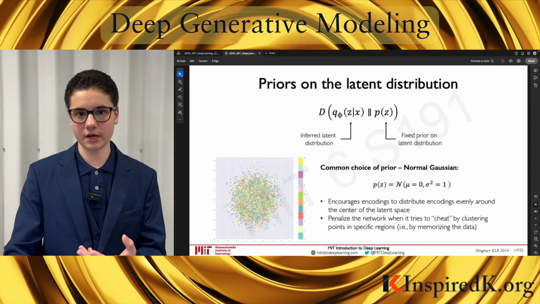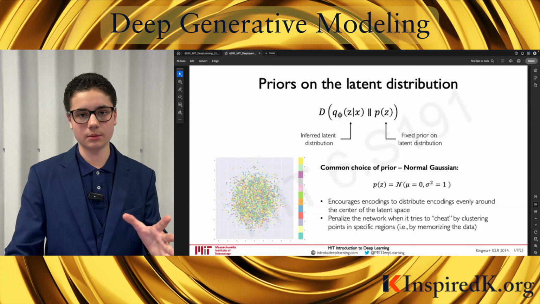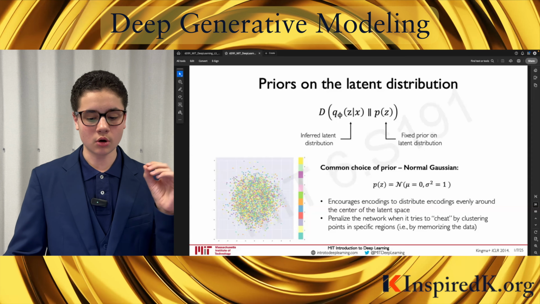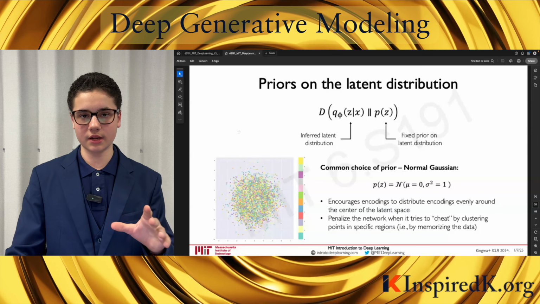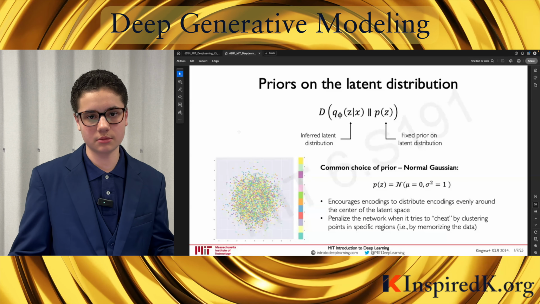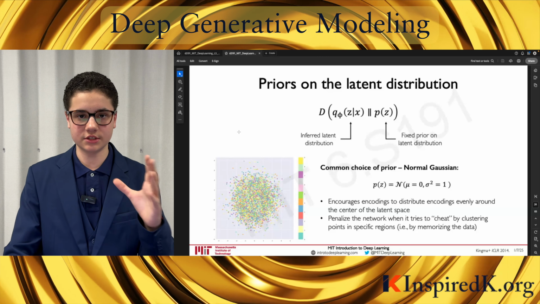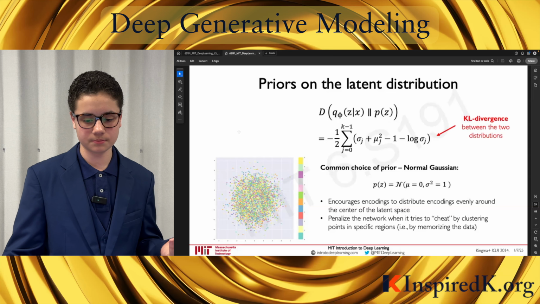Furthermore, with this normal Gaussian, we can also penalize the network, so that when it attempts to cluster different points away from our representation of the normal Gaussian, it is unable to do so, because this would impact our model, where it memorizes the input data to have a dense representation where the output is exactly the same as the input.